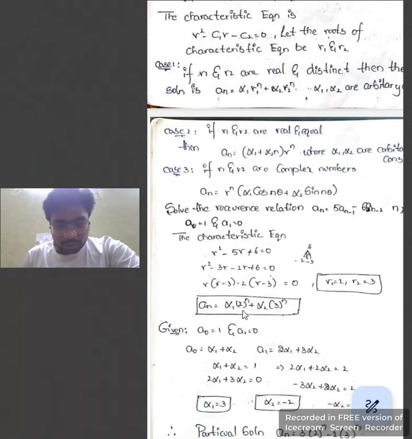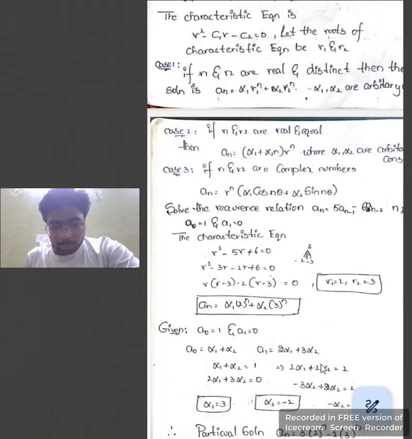By placing n value 0 and given a naught value equal to 1, we get alpha 1 plus alpha 2 equal to 1. And by considering n equal to 1, we get 2 alpha 1 plus 3 alpha 2 equal to a1, that is 2 alpha 1 plus 3 alpha 2 equal to 0.